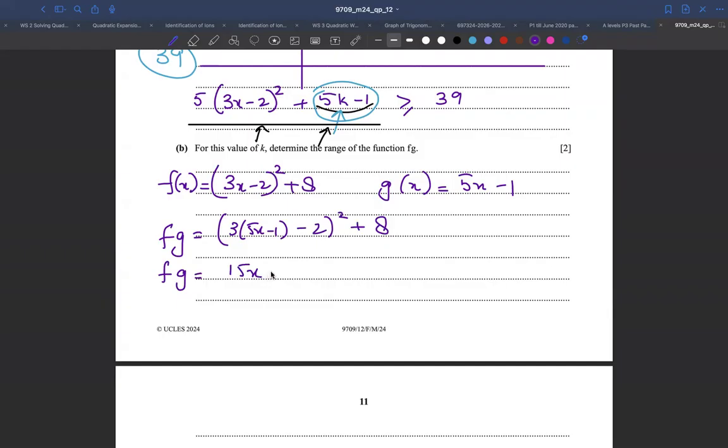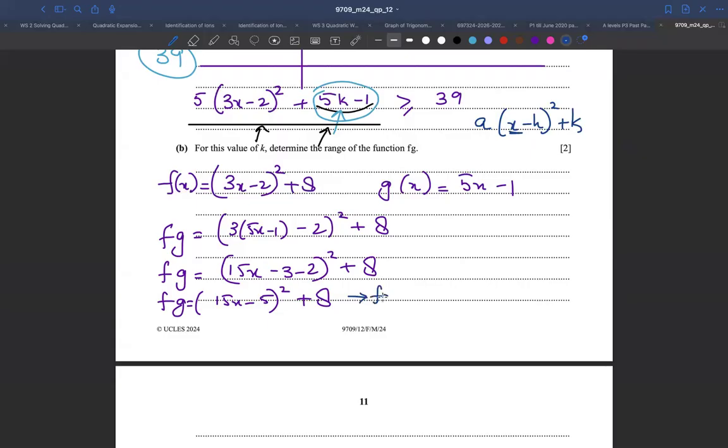(15x minus 3 minus 2) whole squared plus 8. So fg will become (15x minus 5) whole squared plus 8, right? Okay, now important point to note over here, we are supposed to give the range only for a quadratic form. यहाँ पे सिर्फ x होना चाहिए, यहाँ पे x के साथ 15 है, मैं 15 का स्क्वायर बाहर कॉमन ले लेता हूँ.